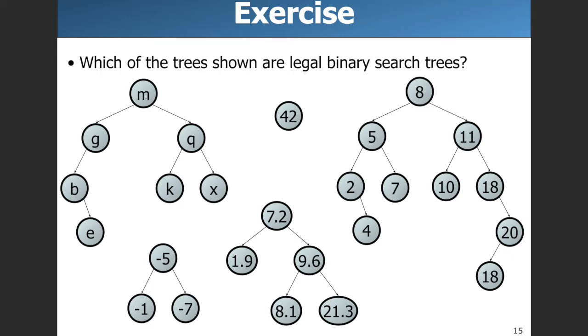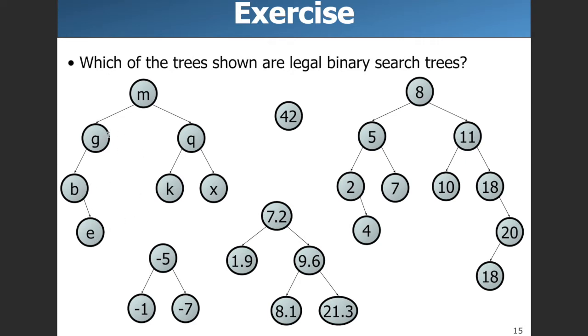We have M here and its children, G and Q. G is less than M, so nothing here is violated. Okay, we are good here. B is less than G, which is also good. And E is greater than B, which is also good.